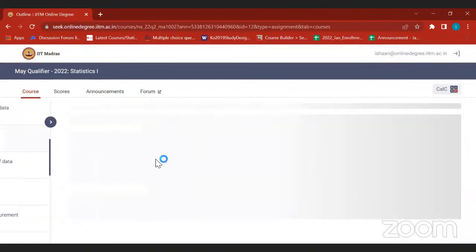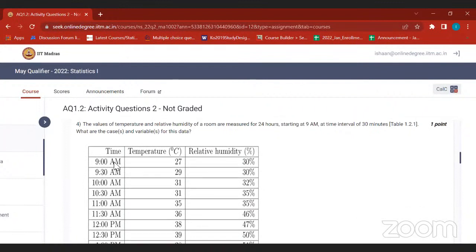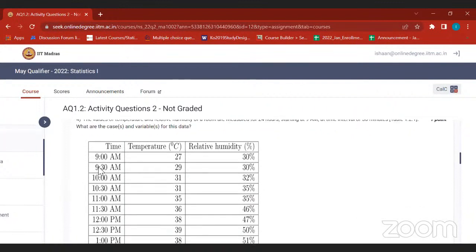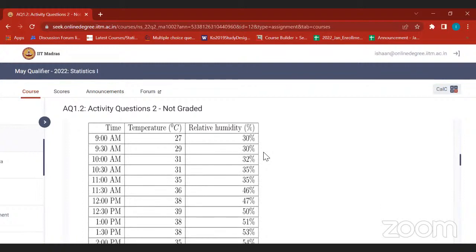Okay, yeah, this one. See, here the value of time keeps on varying. First it's 9 a.m., then 9:30, then 10, right? Temperature is also varying. Relative humidity is varying. So these three are variables. In general, one can say that every column heading is a variable. The cases you should be able to uniquely identify the row.